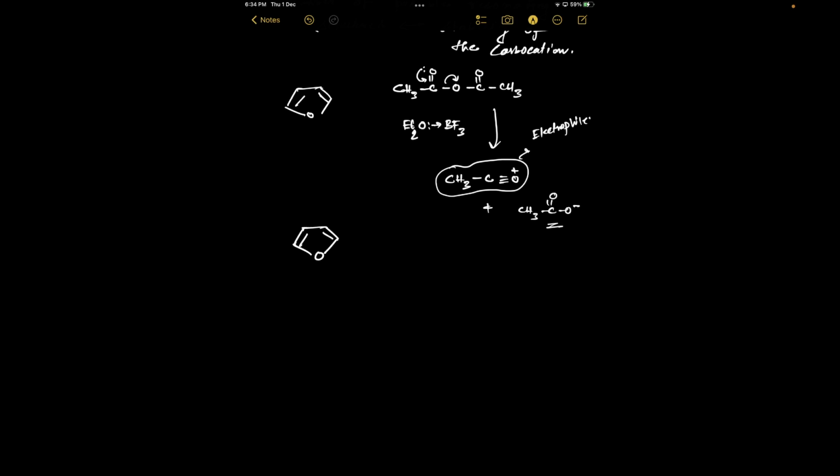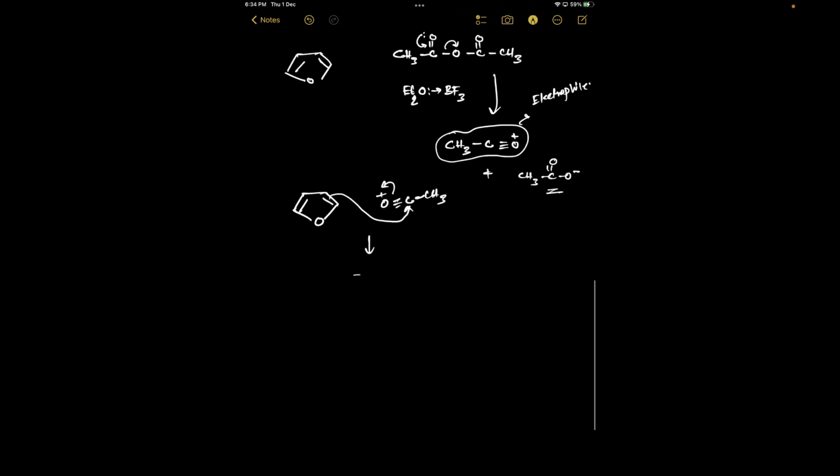We saw that. So the O triple bond C CH3 plus, the pi bond will attack from here. The pi bond will attack the carbon atom and the extra electron will be towards the oxygen.